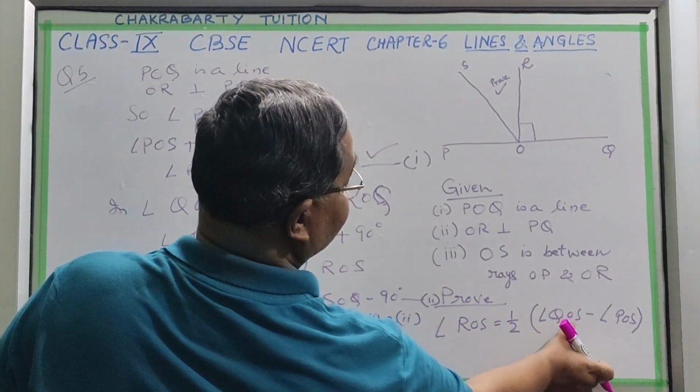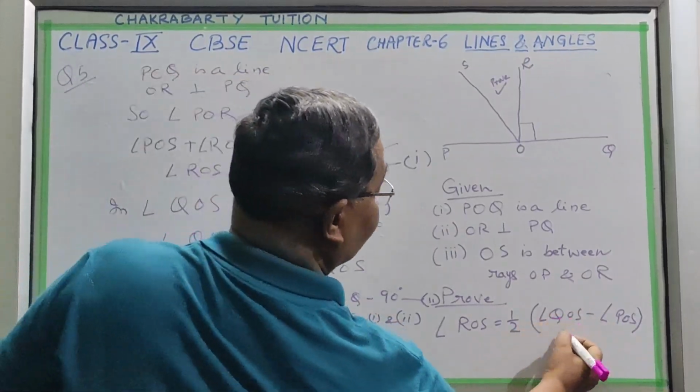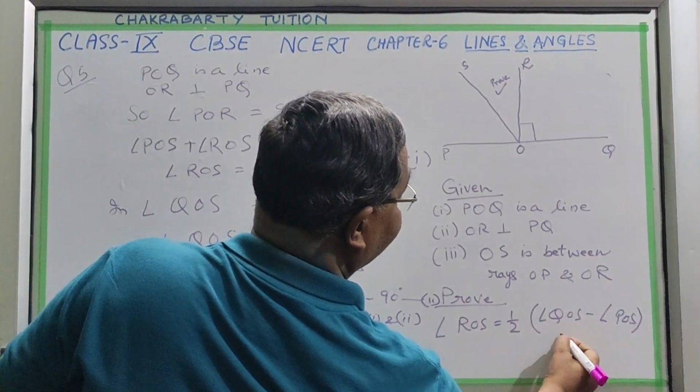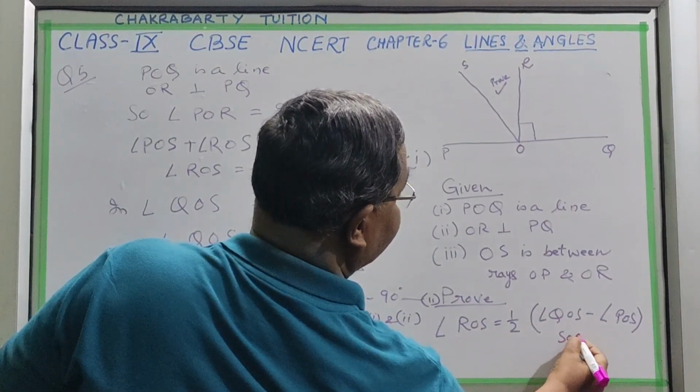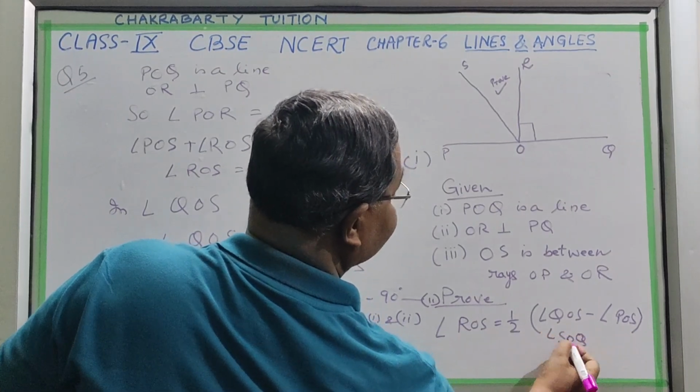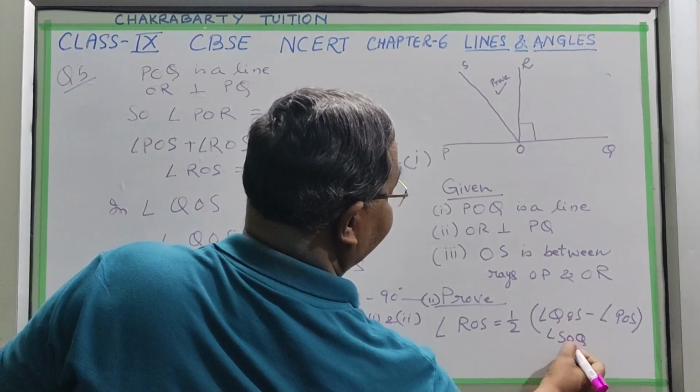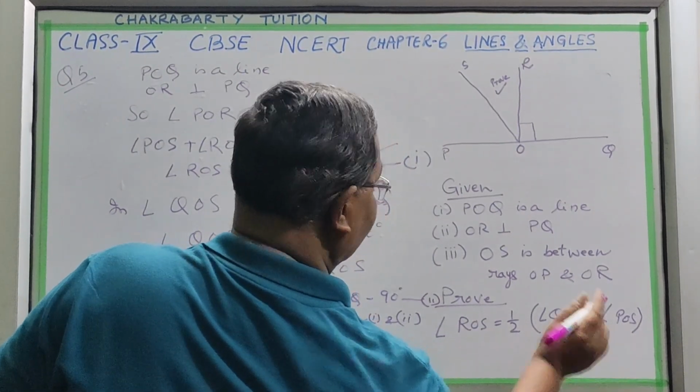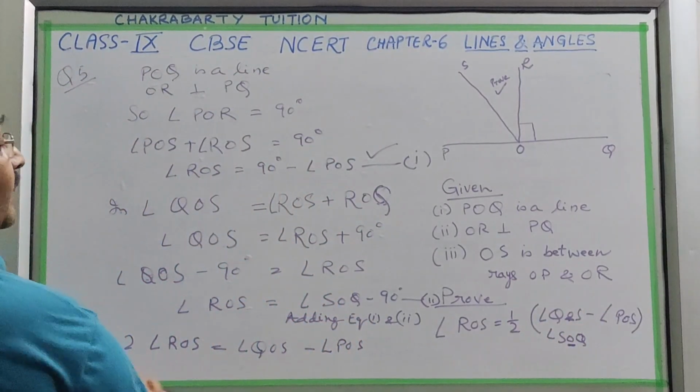Previously I have written SOQ, both are the same. SOQ or QOS angle, both are the same thing. Main is this one. If it is the same, then it is okay. So here no problem is there.